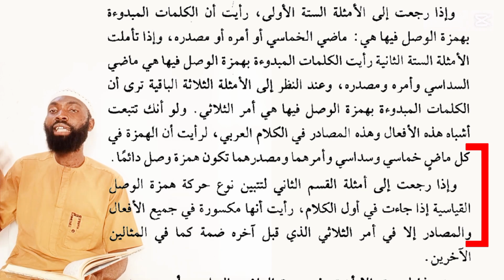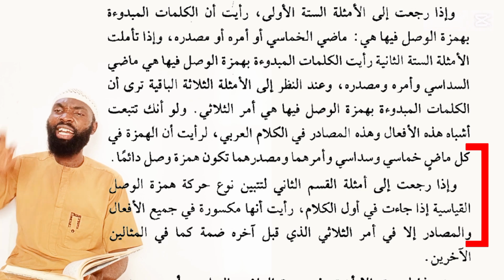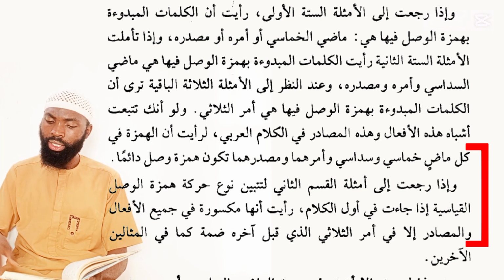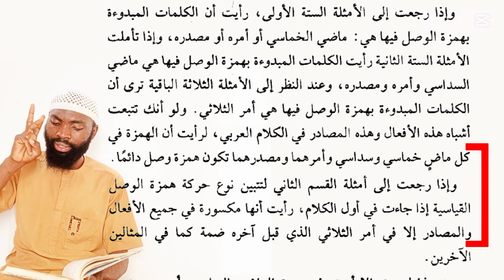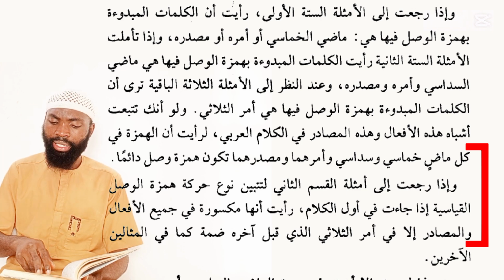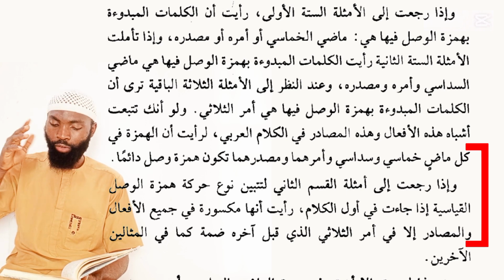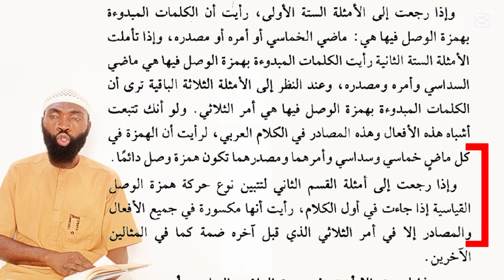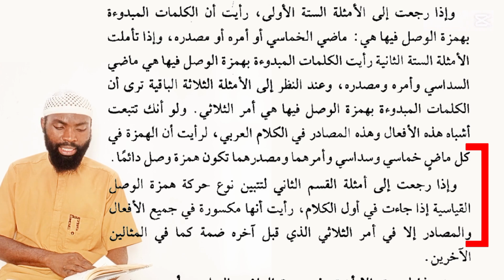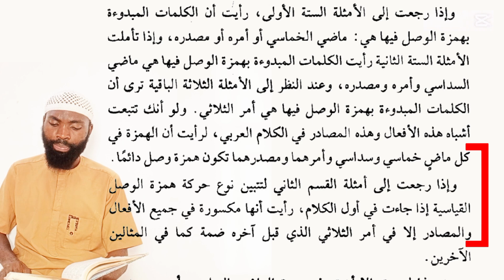You will find out that this hamza, they are always carrying kisra in all of the verbs. والمصادر, and even in all of the verbal nouns. إلا في أمر الثلاثي, except in the command tense of the three-letter verbs. الذي قبل آخره ضمة, which has a letter carrying dhamma before the last letter. كما في المثالين الآخرين, like in the last two examples where we have the word ushkur and the word udhkur. This is because the letter kaf and the letter kaf in the second one, they are carrying dhamma. That's why you see the hamza carrying dhamma.